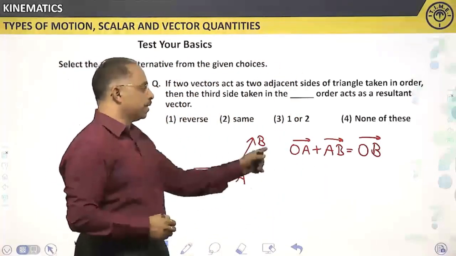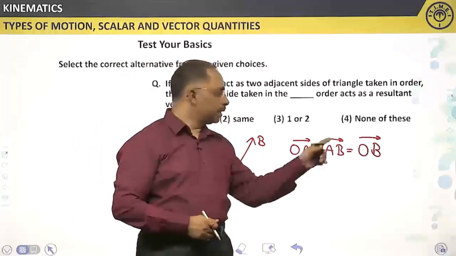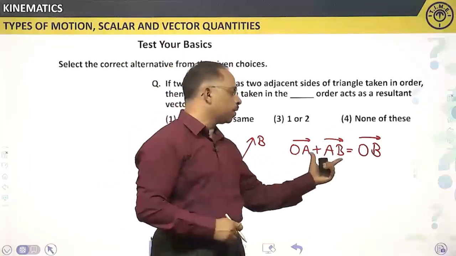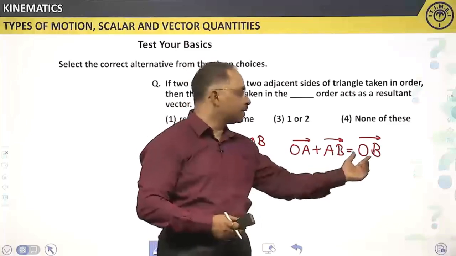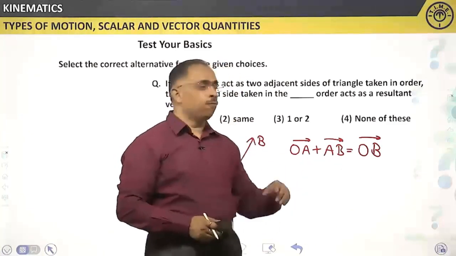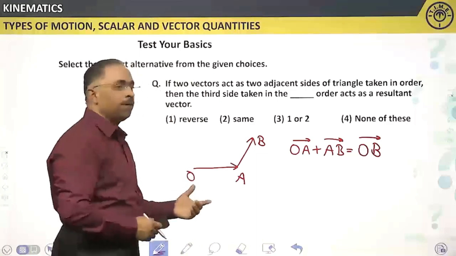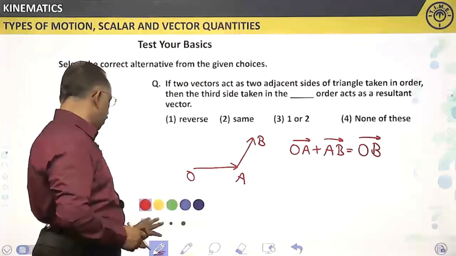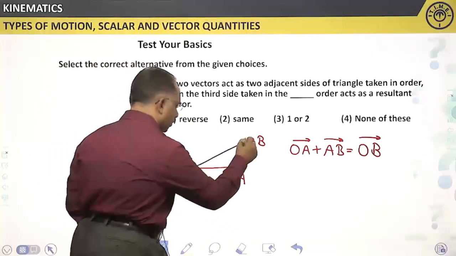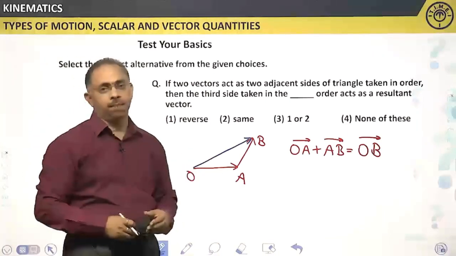I have put an arrow over here. This indicates the direction of the vector. So, adding these two vectors is giving me this one. That means this is the resultant vector, right? If this is the resultant vector, from where is it going? From O to B. So, if you see in the figure, we will have the direction from O to B, from here to this one. This is how I am representing.